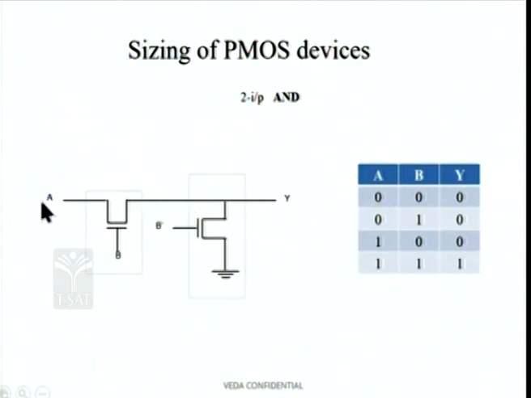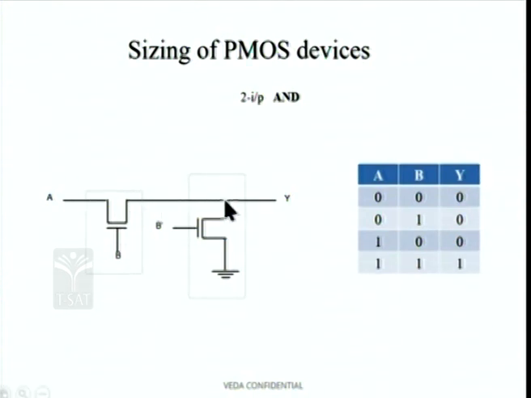When A is 0 and B is 1, this device is on and this device is off. When this device is off, it is like an open circuit over here, and this 0 gets transmitted over here. It is a perfect transmitter, because 0 gets transmitted perfectly.